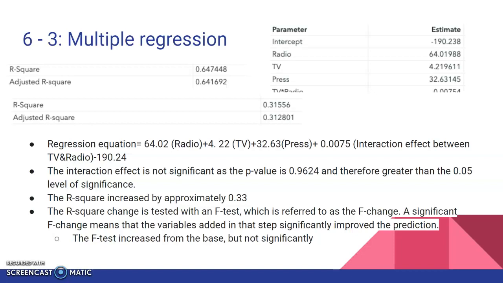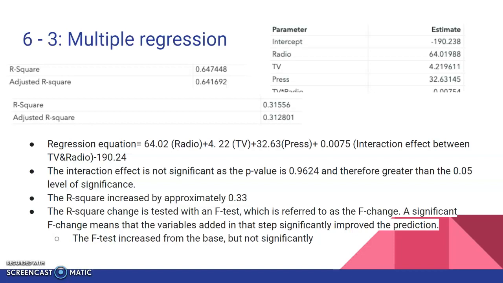In the regression equation, 64 comes from the radio, plus 4.22, which comes from the TV, plus 3263 comes from the press, and 0.0075 is the interaction effect between TV and radio, and this equals 190. The interaction effect is not significant as the p-value is 0.96 and therefore greater than the 0.05 level of significance.